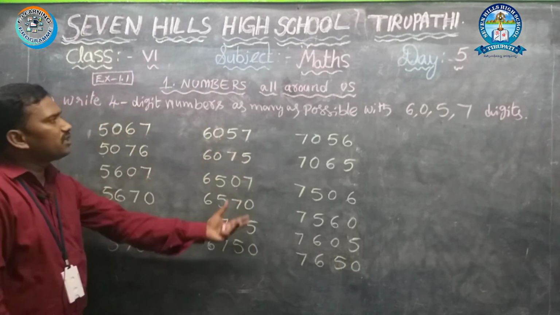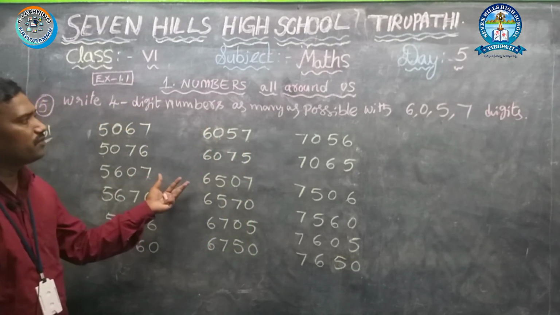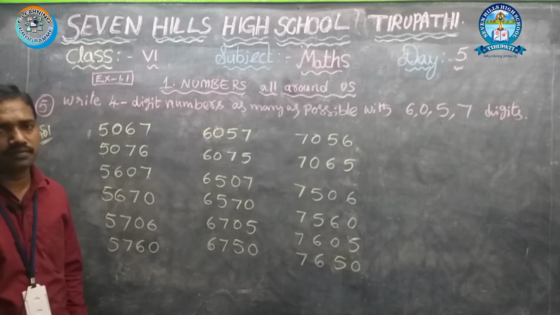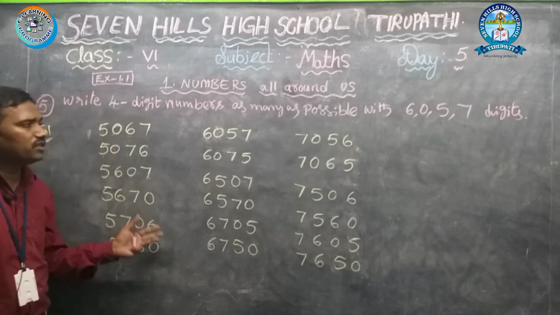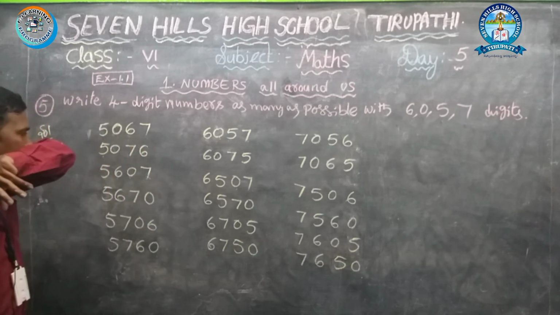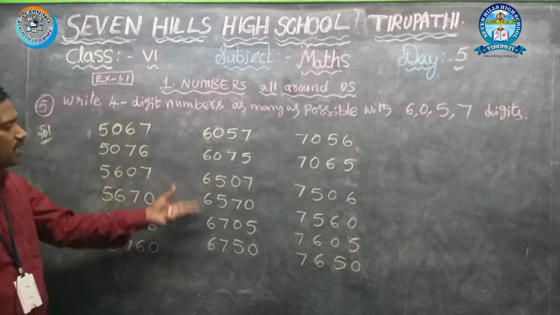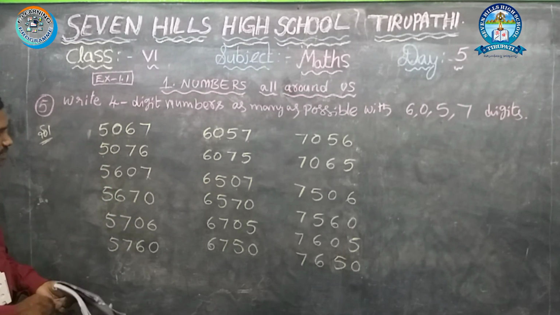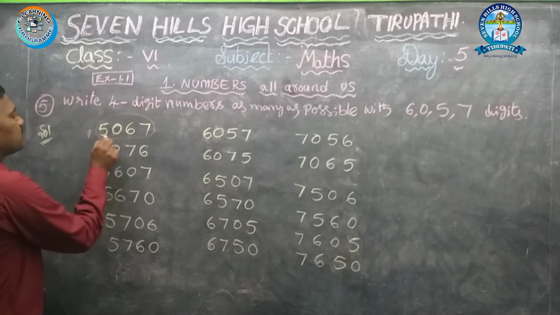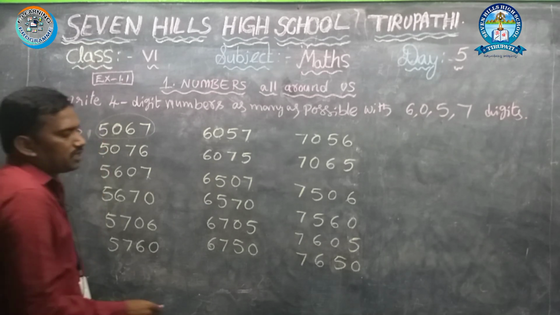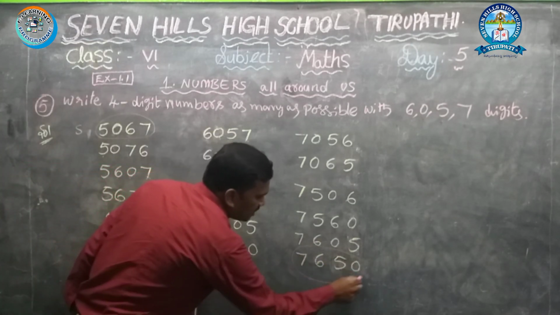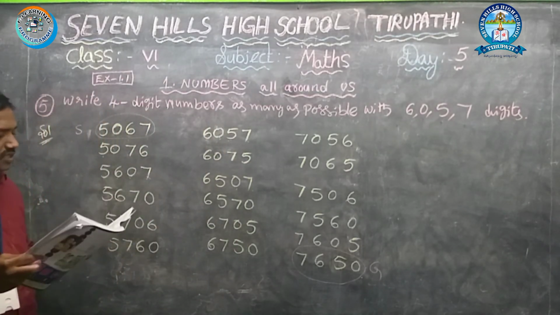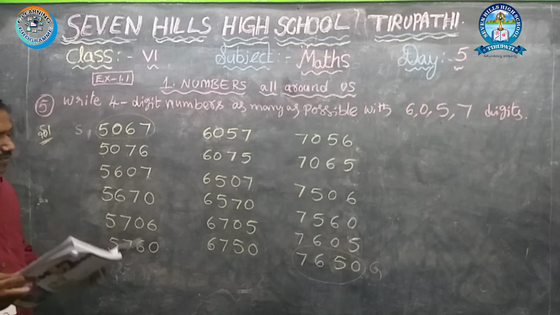Okay, so these are the possible 4-digit numbers by using the digits 6, 0, 5, 7. Here this is the smallest one and this is the greatest one, but they didn't ask which one is the smallest and which one is the greatest.